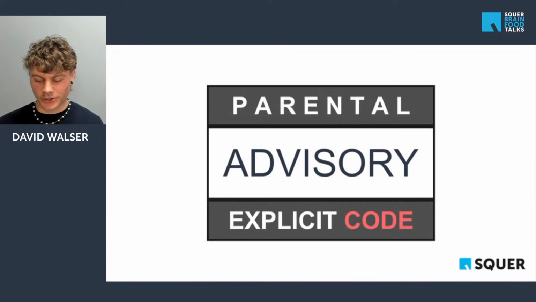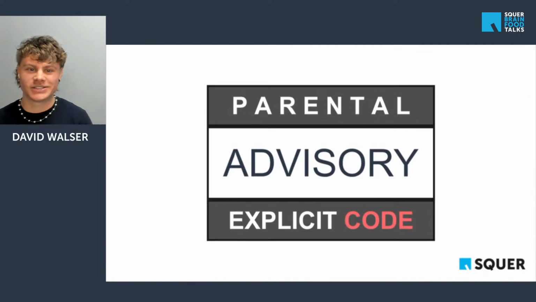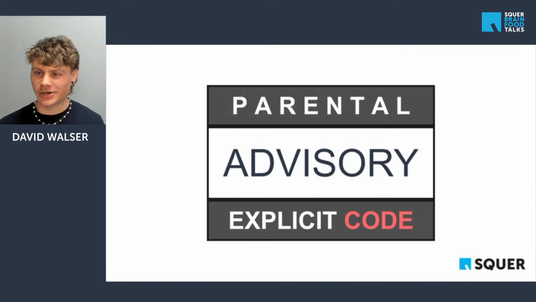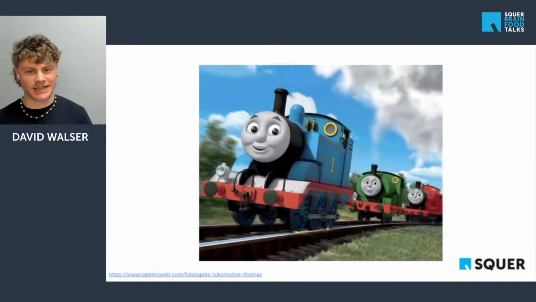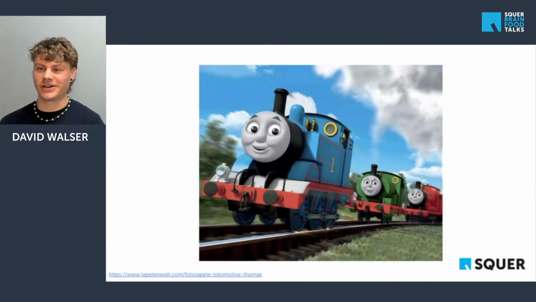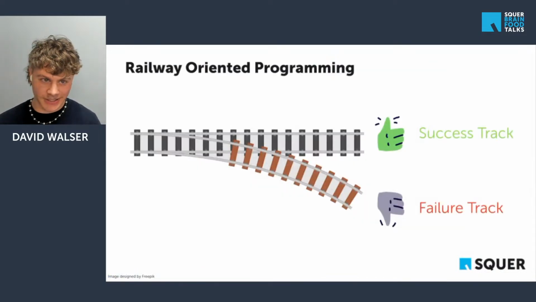And a short warning on this slide, explicit code is about to show up. And as I started before, we are on our journey. So let's imagine now we're sitting on the train, we're right on track, which leads me to introduce railway-oriented programming, what we want to talk about today.